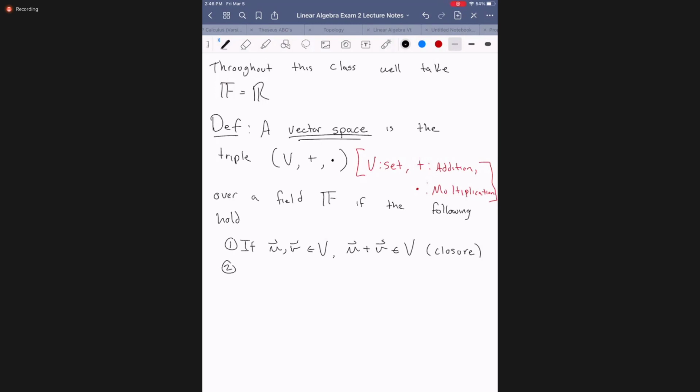Two, your elements have to commute under this addition, so commutative. Three, your elements also have to associate. Okay, associate.